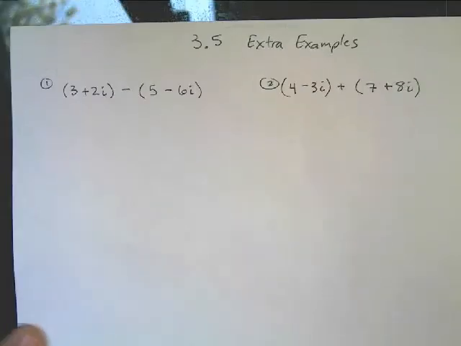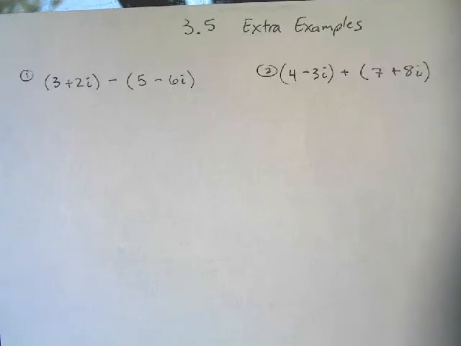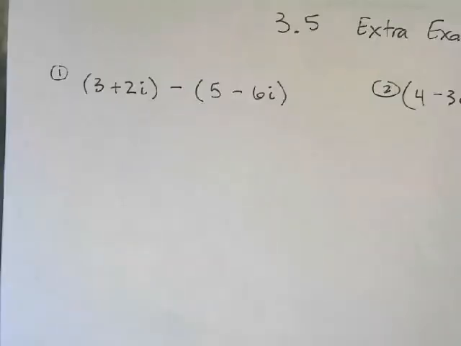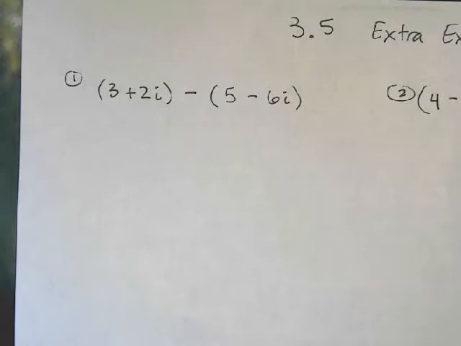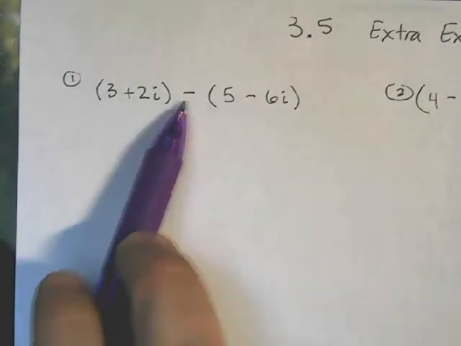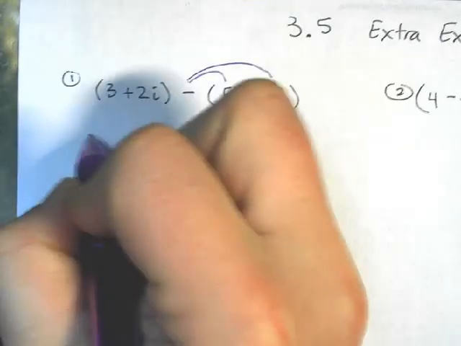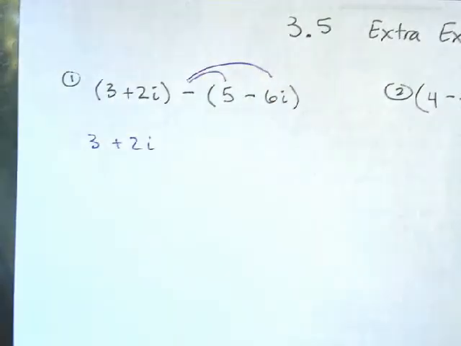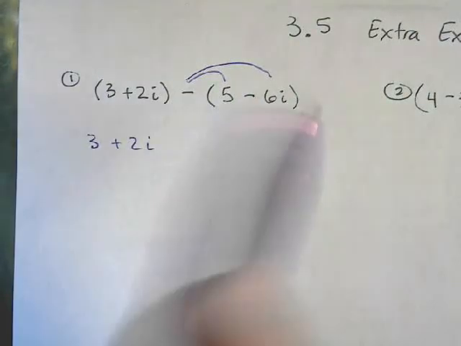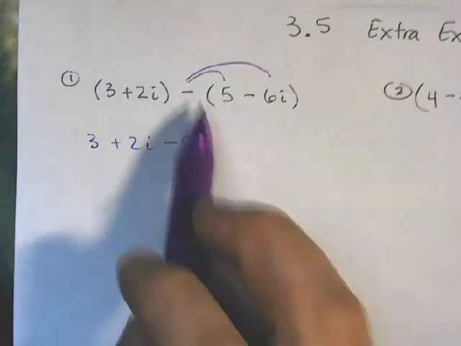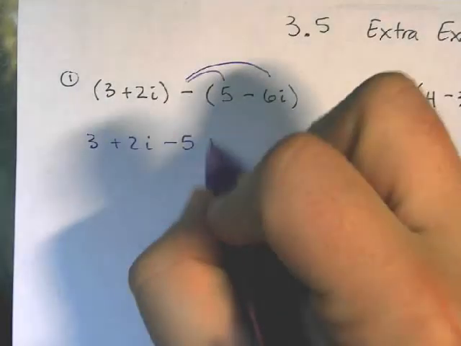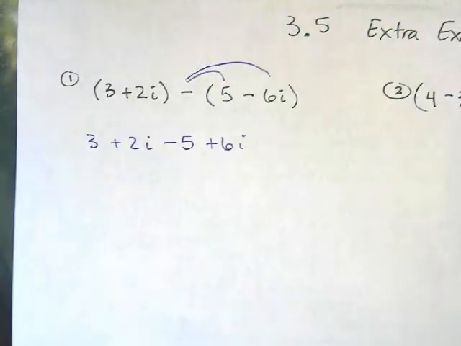Okay, so the first thing we're going to do on number 1 is distribute that minus sign in the middle. So I'll have 3 plus 2i minus 5, and then minus and minus becomes plus 6i.